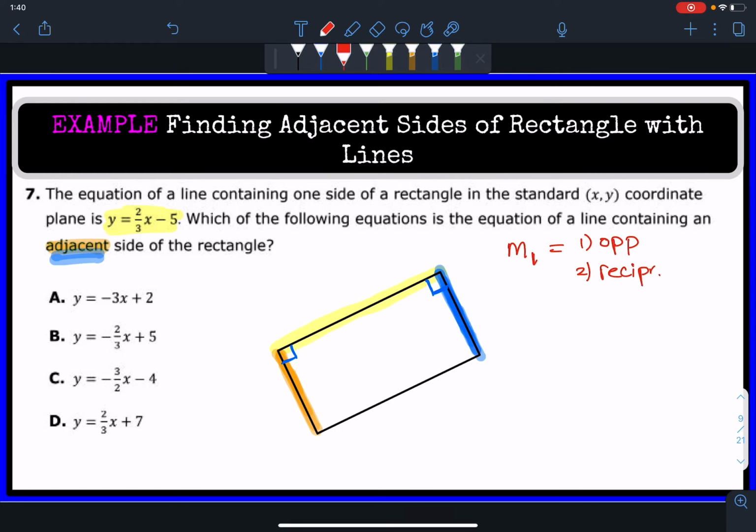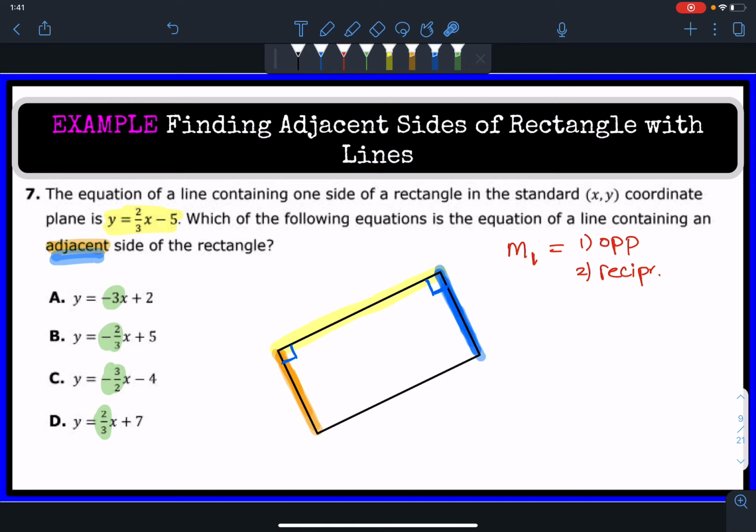So in order to determine which one of these four choices could represent either the orange or the blue line, we're going to look at the slopes of these lines and see which line is the opposite and the reciprocal of 2/3. Well, it's not A, it's not B, it's not D, and you see letter C has the only equation with a slope that is the opposite and the reciprocal of 2/3.